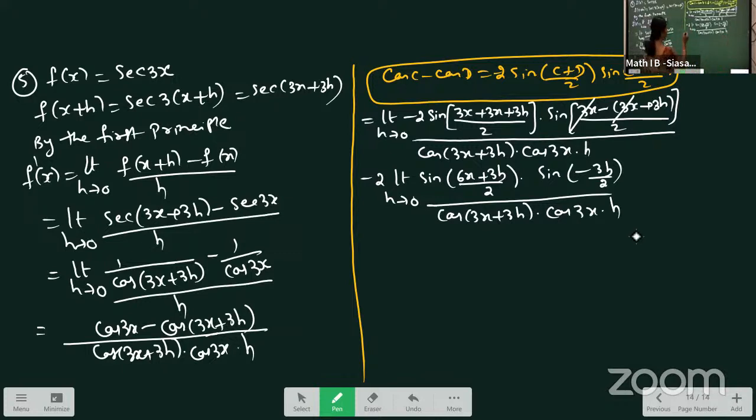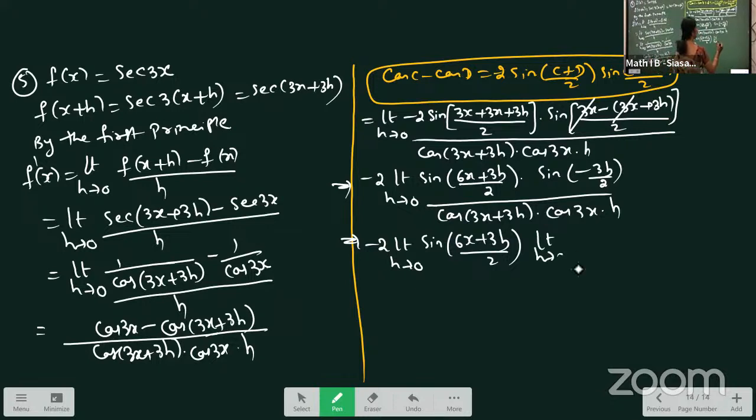There are many trigonometric terms, so write the limit separately. Minus 2, limit h tends to 0, sin 6x plus 3h by 2. When the combination of x and h is there along with sin, there is no need of writing the denominator. If we have only the h term along with sin, then write the denominator to it. So limit h tends to 0.